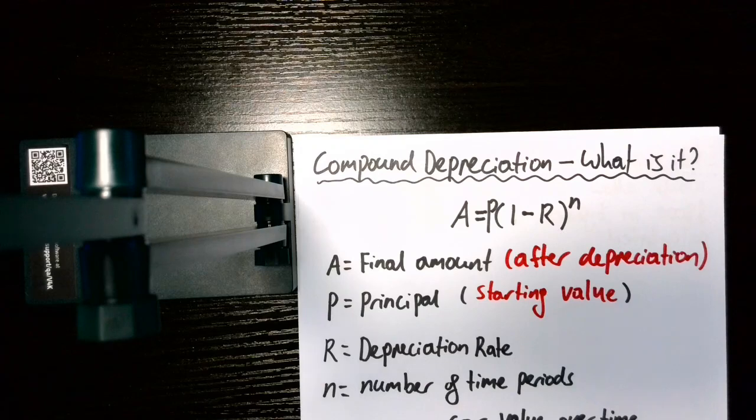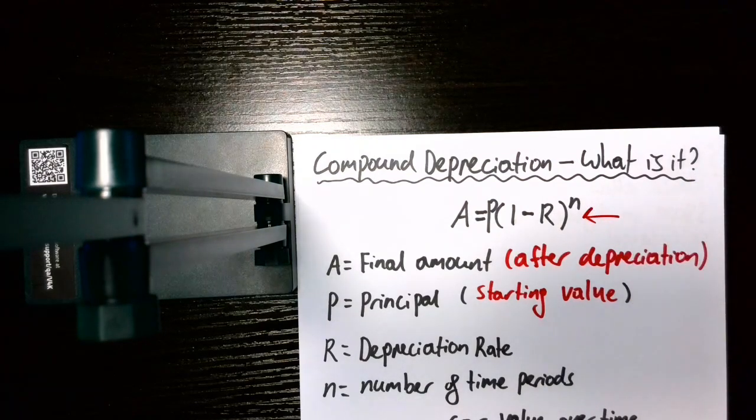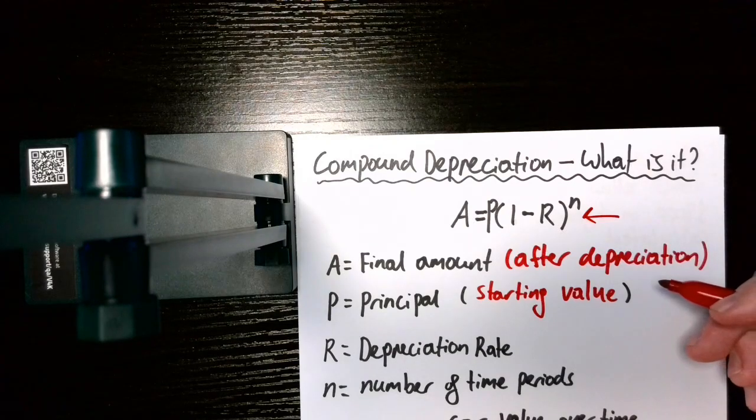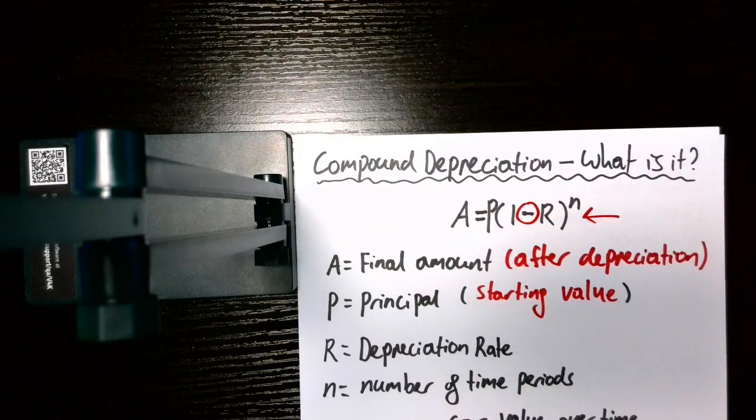If you look at the formula for compound depreciation, you'll notice that it looks really similar to the formula for compound interest. The only thing that's different is that there's a minus sign instead of a plus. Now I'll explain what that is in just a moment.